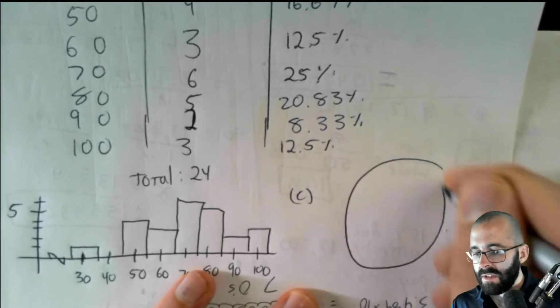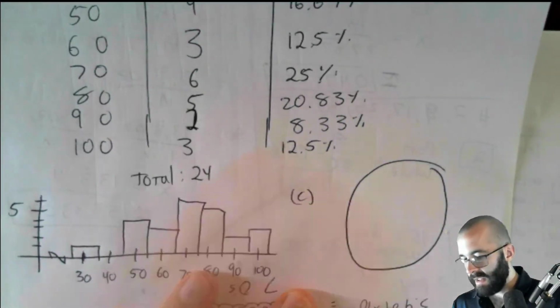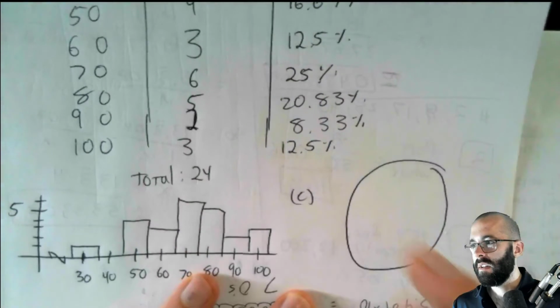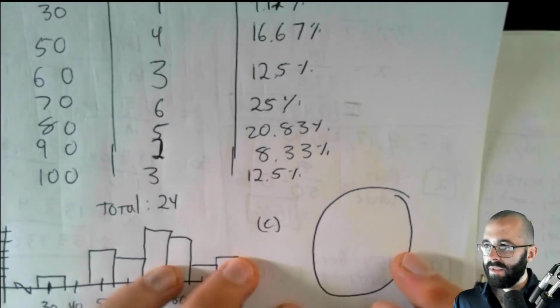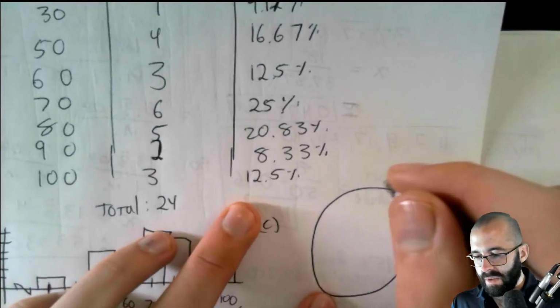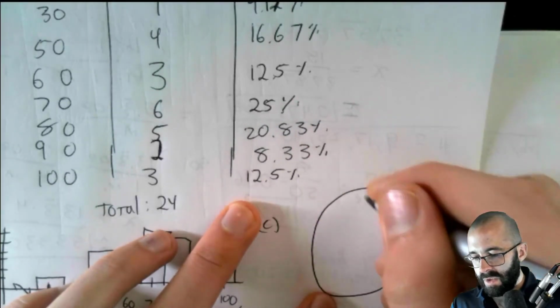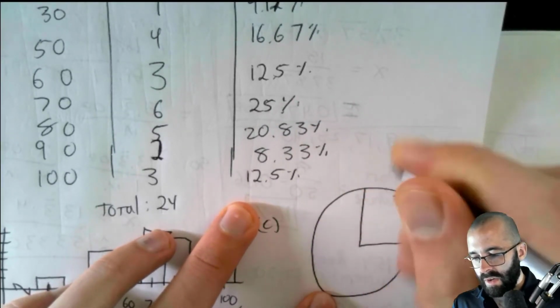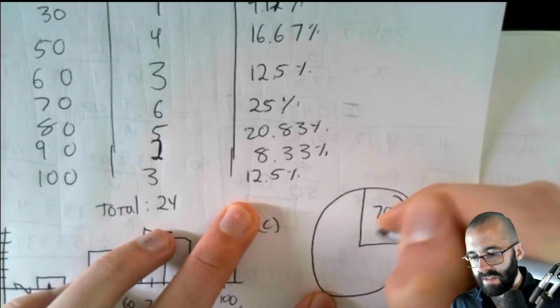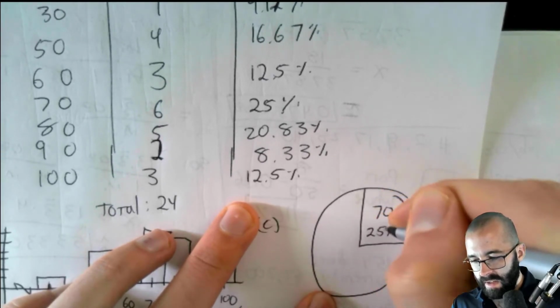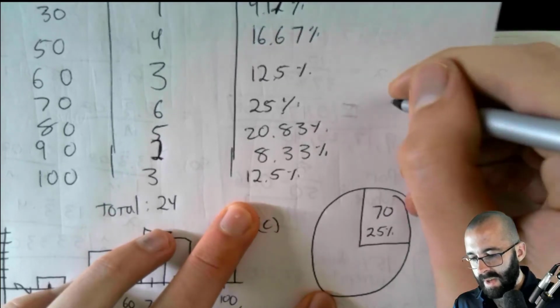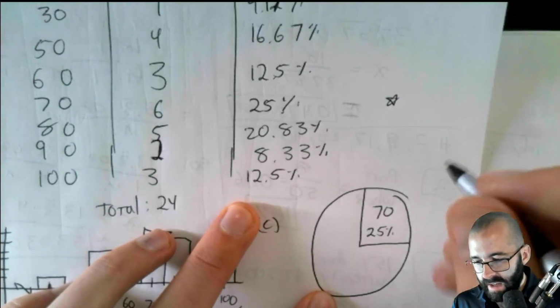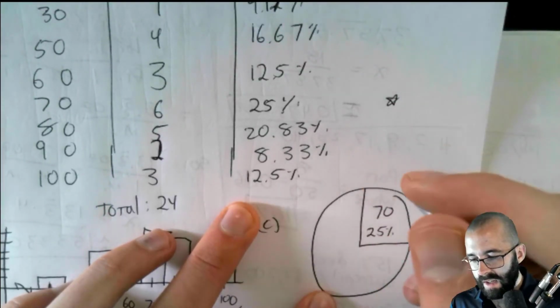So we're going to draw a circle, and each one of these is a certain size of the circle. So we're going to start with the biggest piece. 25% is a quarter of the circle, and that's going to be the people that got 70s. So 70 is 25%. I'm going to make a little note here that I already took care of that. Next one's 20.83.